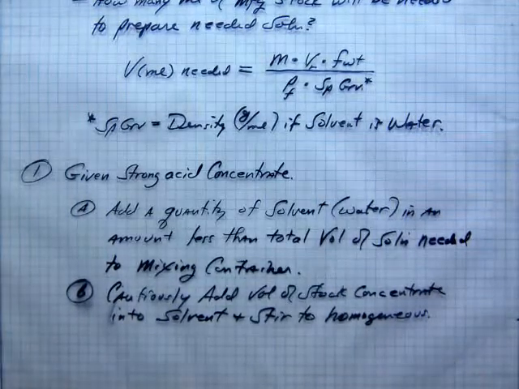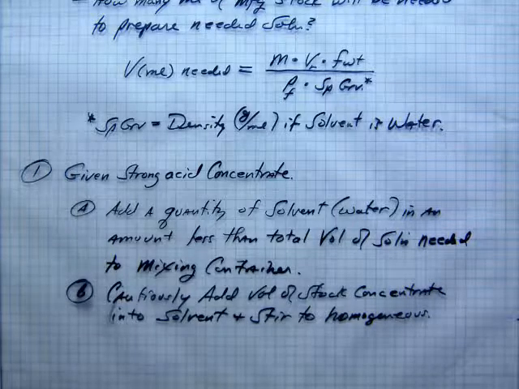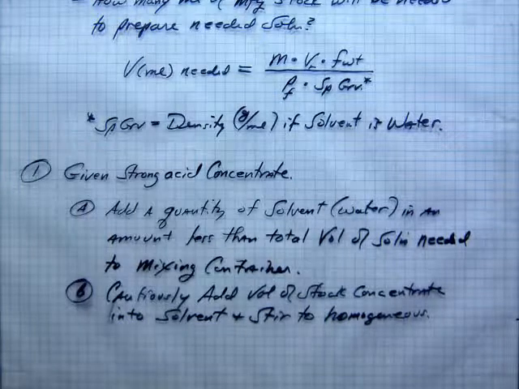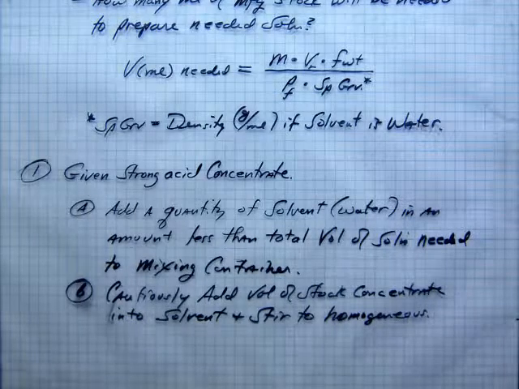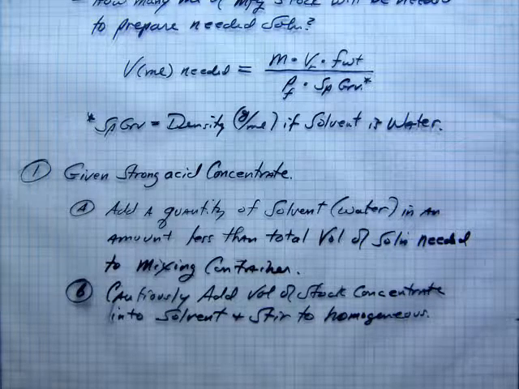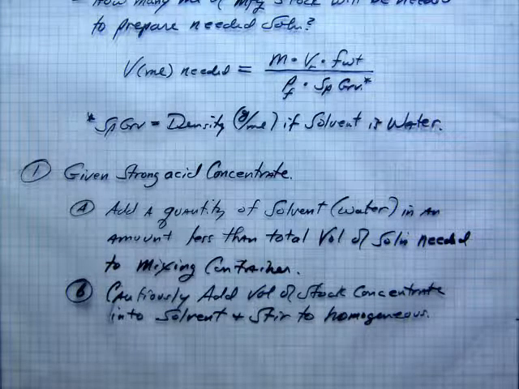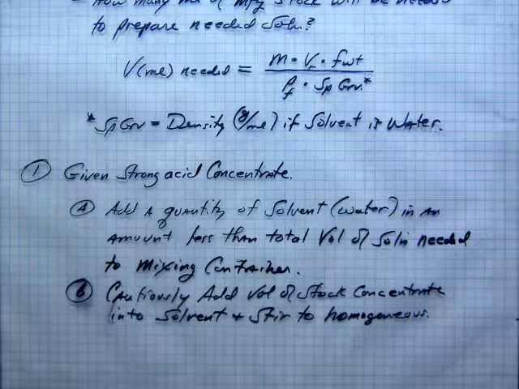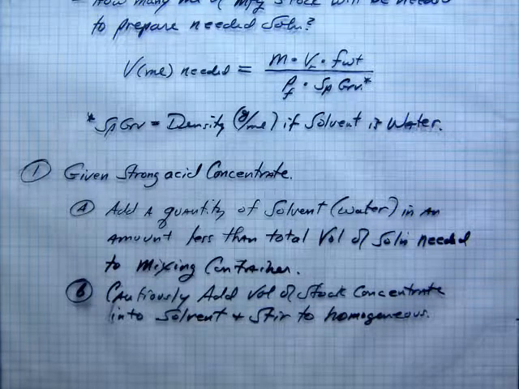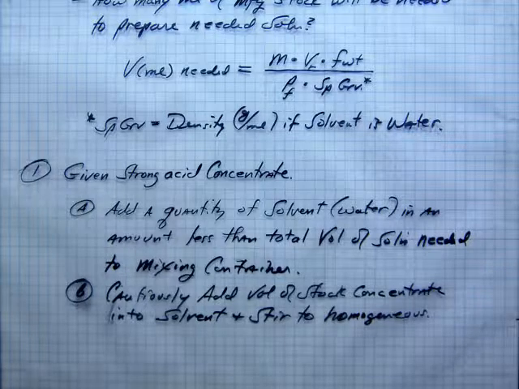Okay. The purpose of doing it in this order is to prevent the rapid ionization of the strong acid. And by pouring the acid into water, the acid will ionize much, much slower and not generate as much heat, much safer.